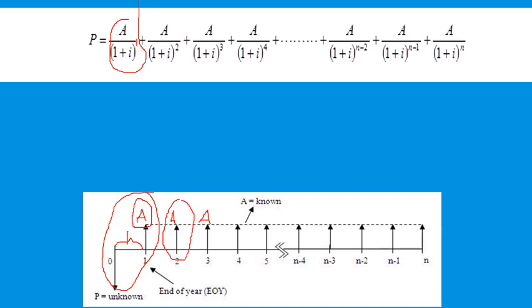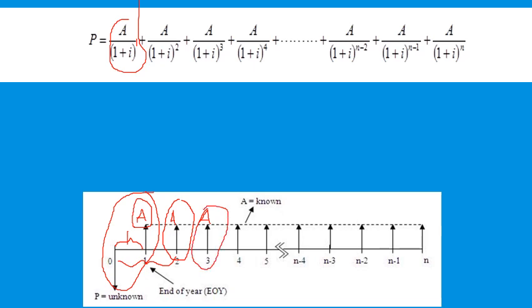Now let us come to the second payment. It is at what distance from 0? It is at a distance of 2 years from 0. As a result, treat this also as a future sum paid after 2 years. Its present worth is equal to A divided by 1 plus I to the power of 2. Now, the third payment.